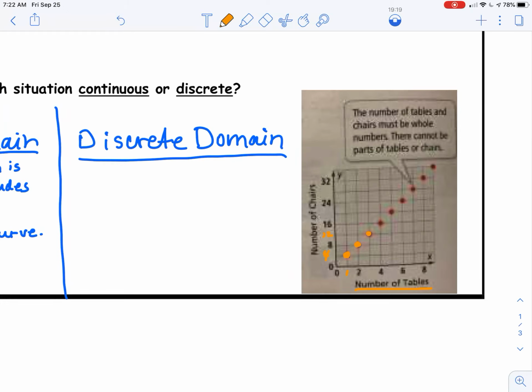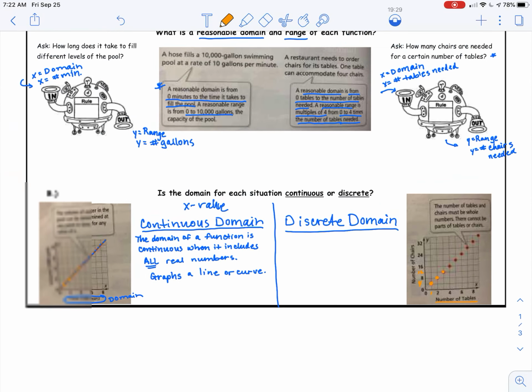We're not going to saw these tables and then put them together because after all, you're going to lose some of the legs and the thing's not even going to stand up straight. So in this case, you have a word problem that's representing a domain of whole numbers only. So whatever goes into my function machine, the input has to be a whole number, right? That represents the number of tables needed. So it's either 1 table or it's 2 tables or it's no tables. Maybe I have no tables yet, okay?